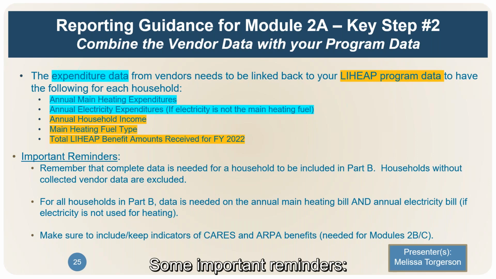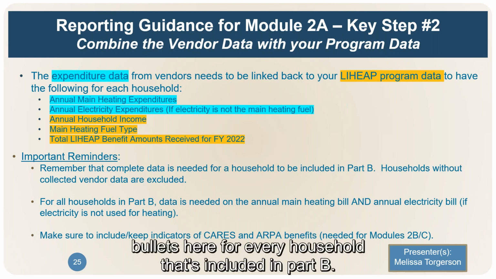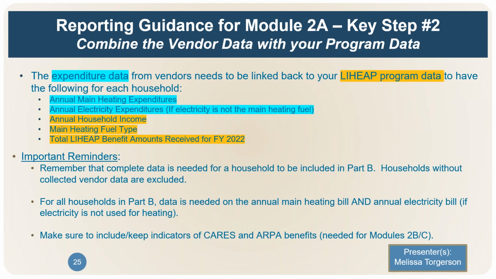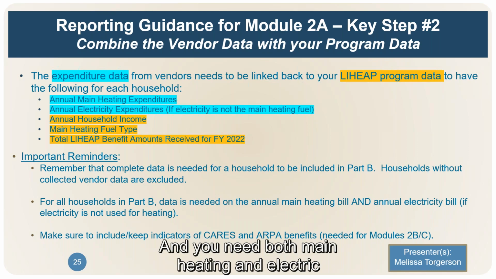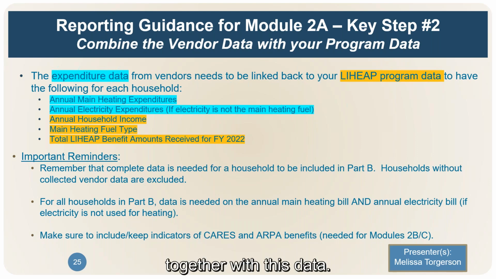Some important reminders: in order for a household to be in Part B, they need a complete data set. So you need to be able to report on all of these 5 bullets here for every household that's included in Part B. And you need both main heating and electric, and you want to keep indicators of CARES and ARPA benefits together with this data.